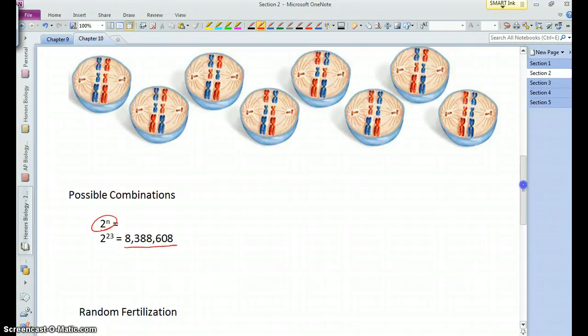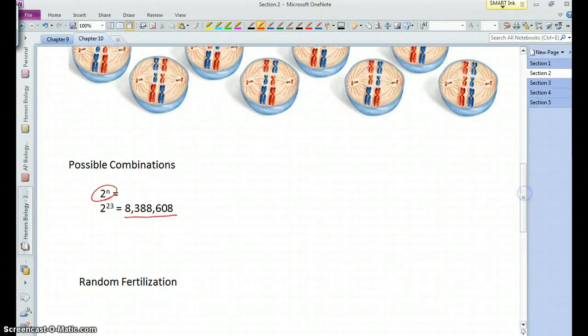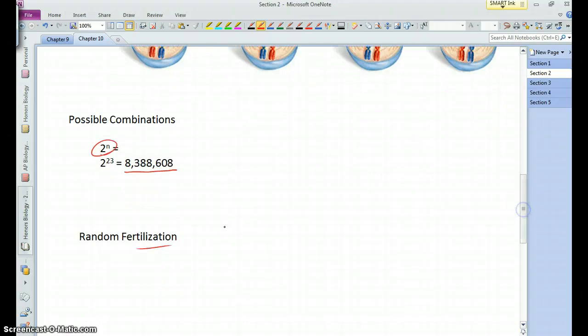Now, during sexual reproduction, you have a gamete from mom and a gamete from dad that get together in the process of fertilization to form a zygote, which is essentially a fertilized egg.